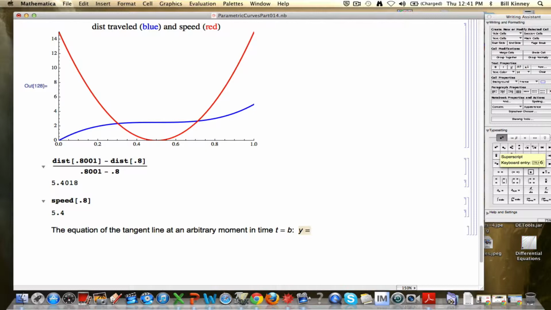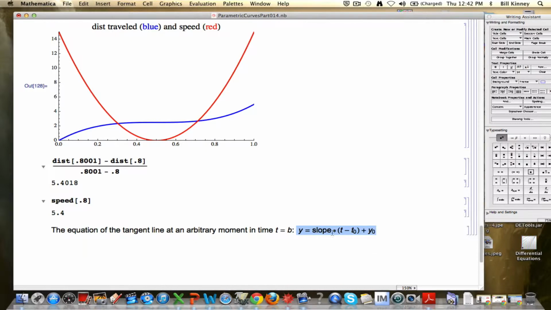The y-coordinate as a variable here, this is going to be an equation relating two variables. y is going to be the dependent variable and t is going to be the independent variable, is the slope times the independent variable minus a certain fixed point, first coordinate of a point on the line, I'll call it t sub 0 or t naught for short, plus the corresponding second coordinate of that same point on the line.